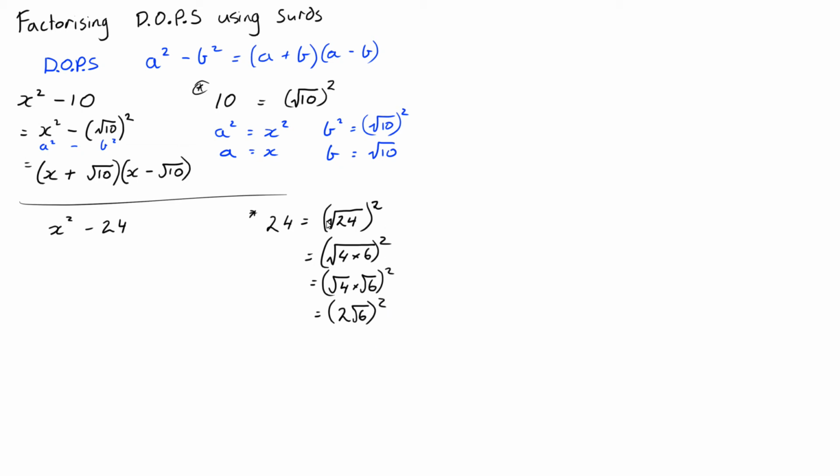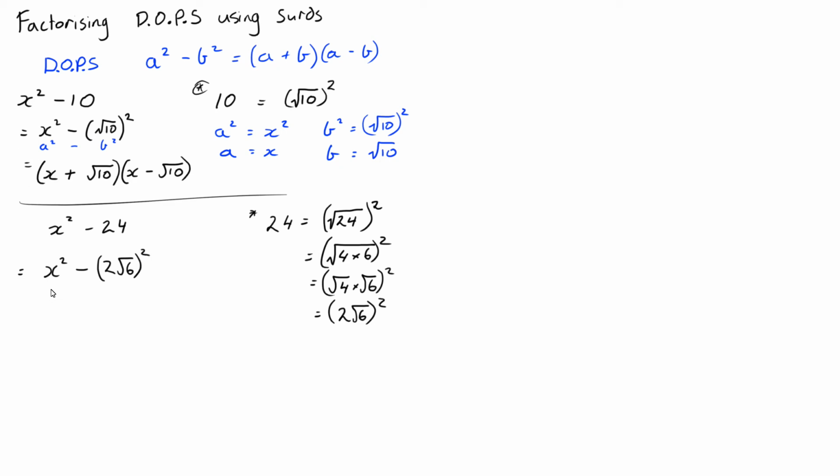Instead of just the square root of 24, I've simplified it as 2 root 6 squared. All of these steps you can actually do in your calculations here. I like to do it on the side so it's all ready to go and put straight into the equation. So instead of x squared minus 24, I've now got x squared minus 2 root 6 squared.